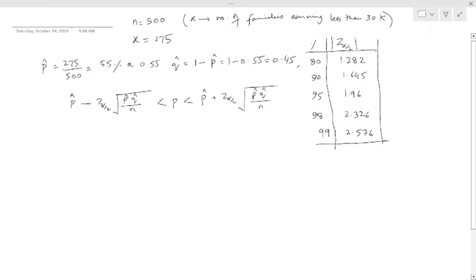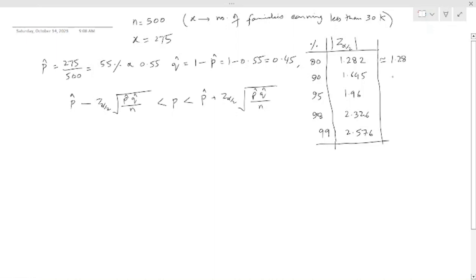You can take these values from the T table. At the end of the T table, you can find a small table we discussed in the class, where five commonly used CI percentages and their corresponding Z values are given. Otherwise, we find them from the table using the approximation rule.